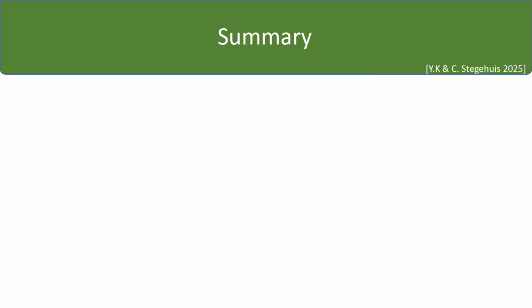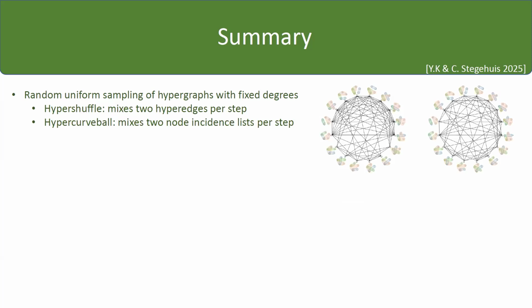But yeah, that was the main thing I wanted to tell you. So let's summarize. So I told you about how to sample hypergraphs with fixed degrees uniformly at random. I presented two algorithms. One is the hypershuffle algorithm, one is hypercurveball. We have some theoretical results that show that both algorithms work like we want them to.